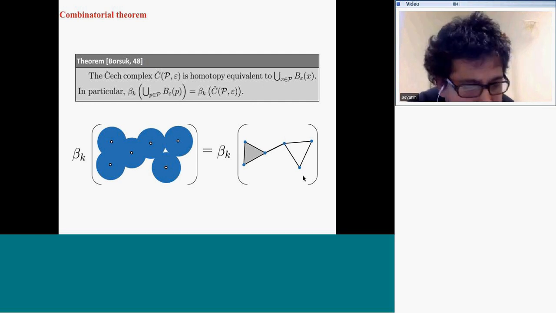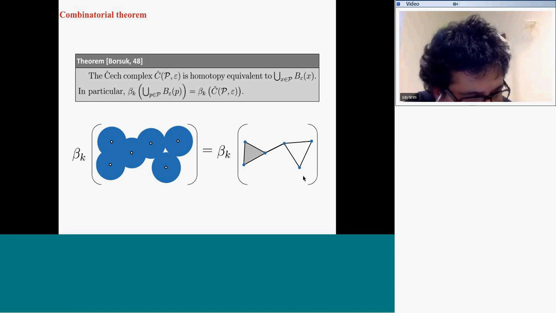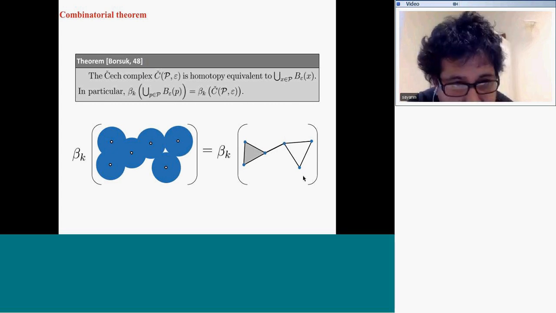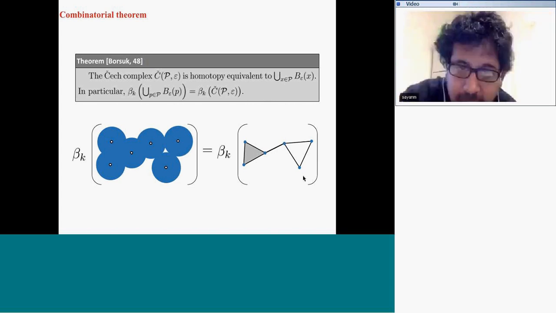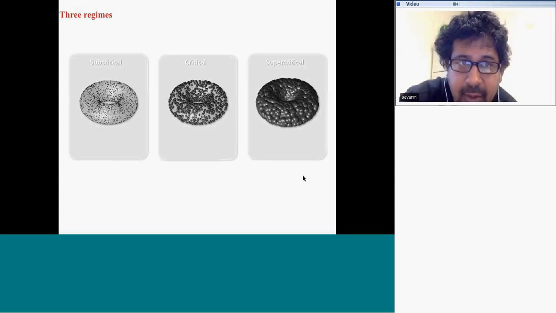That's a key in a lot of the ways to prove theorems: try to make statements about the Čech complex, and basically look at the union of balls and try to make statements about certain functions or certain events happening on them. That is the way the general proofs in this area go.